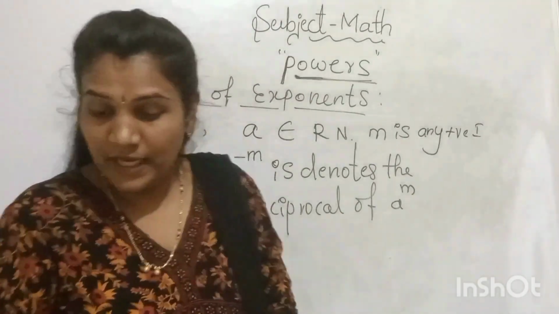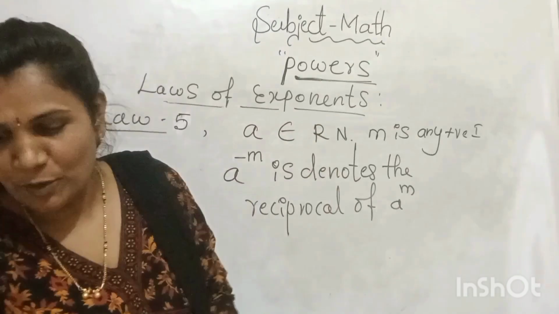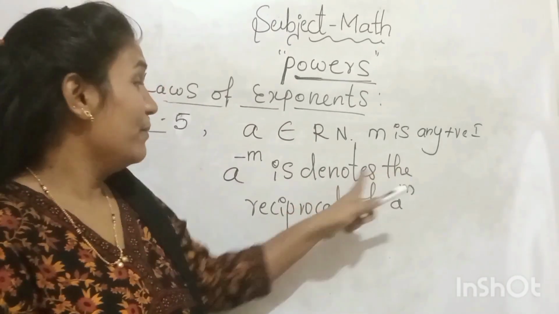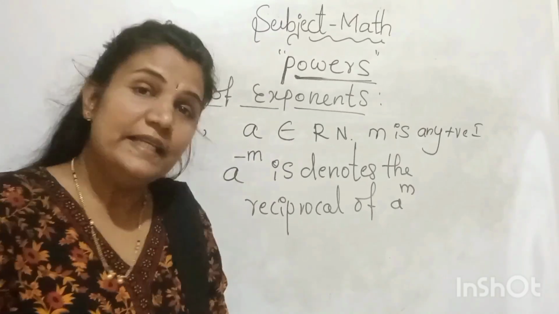Here see, the law says a is any rational number and m is any positive integer, then a power minus m denotes the reciprocal of a power m.